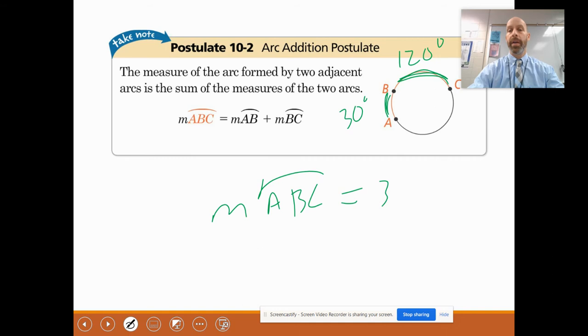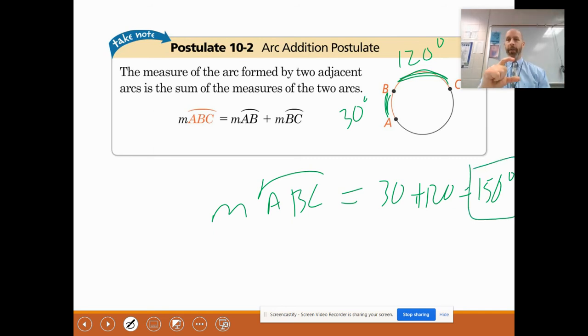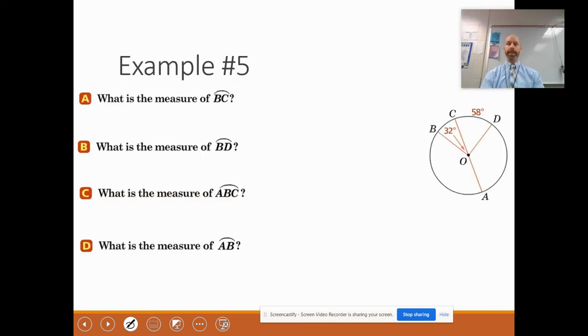Well, it's simply 30 plus 120, which is 150. Does that make sense? So that's arc addition postulate. So let's look at some examples of that one.